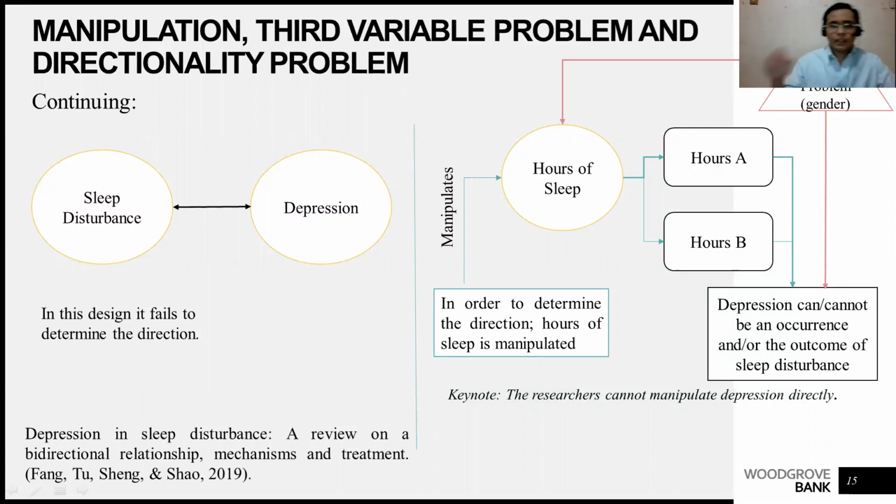First, for the third variable, they determined that sleep disturbance and depression were the only available variables in the research by the use of medical diagnosis. They eliminated all the participants with different medical conditions prior to or comorbid with disturbance of sleep and depression.